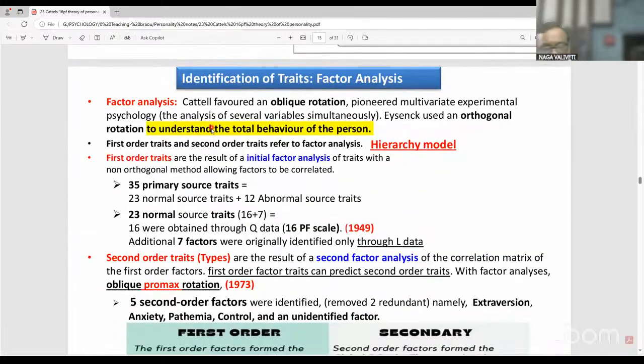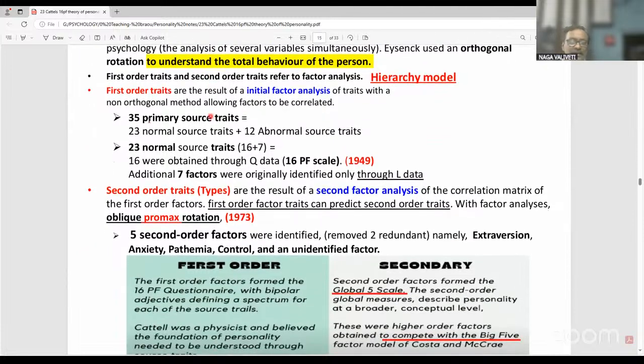Now he identified 35 primary source factors. From 1800 he came down to 171 and then to 35 primary factors. Of these, 23 are normal and 12 are abnormal.